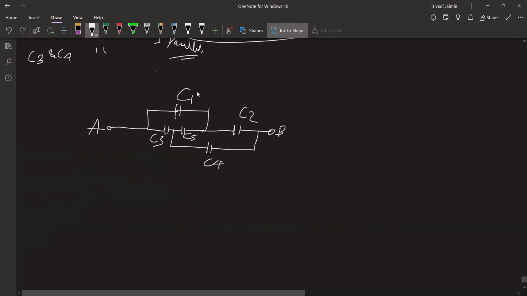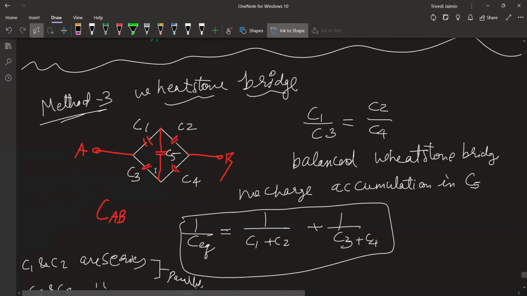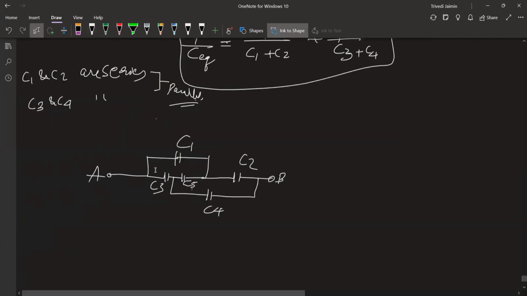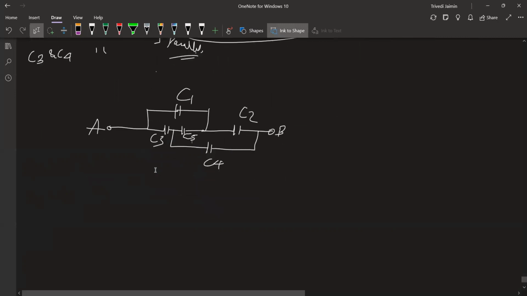We are centering C5 so that we can remember, okay, C5 is the center capacitor. So it is a Wheatstone bridge again.